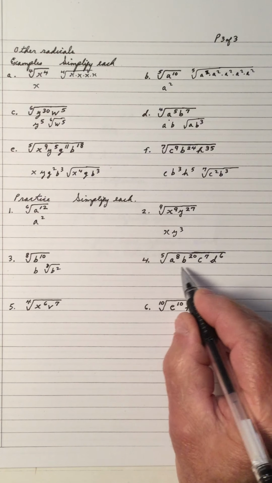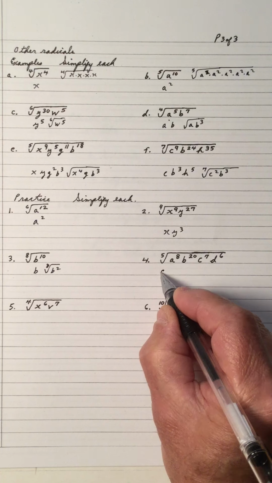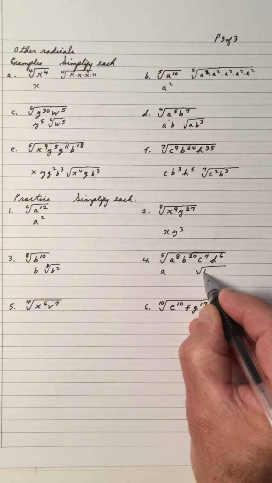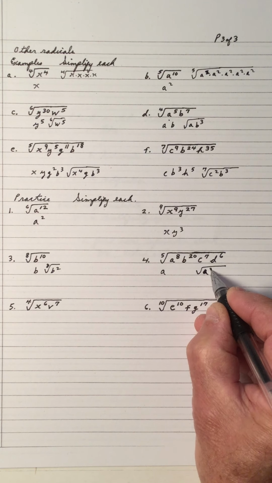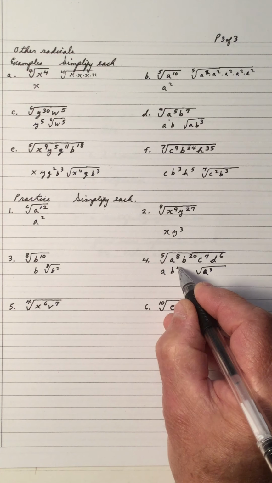And we have fifth root, so 8 divided by 5 is 1, and there's 3 left over. That's an A cubed. 20 divided by 5 is 4.